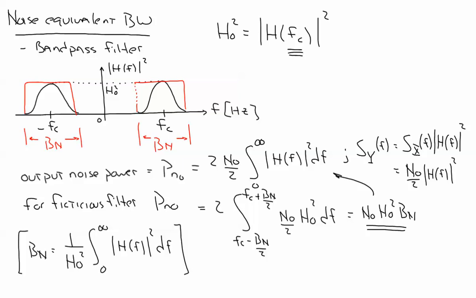And you'll notice that that relationship is exactly the same as what we had for the low-pass filter type characteristic. The only difference in this case is that for the band-pass filter, H0 is found by evaluating the real filter characteristic at the center frequency f sub c, and in the low-pass filter case, H0 was the filter characteristic evaluated at 0 frequency. Otherwise, they're exactly the same.